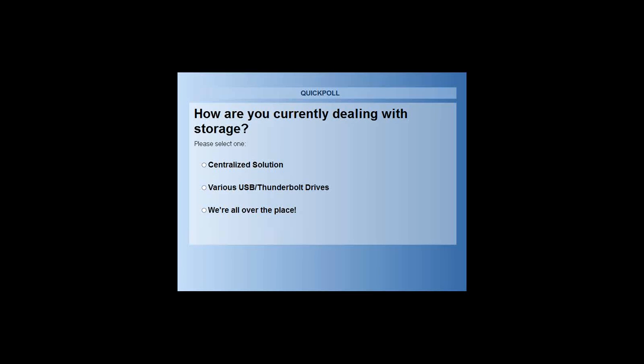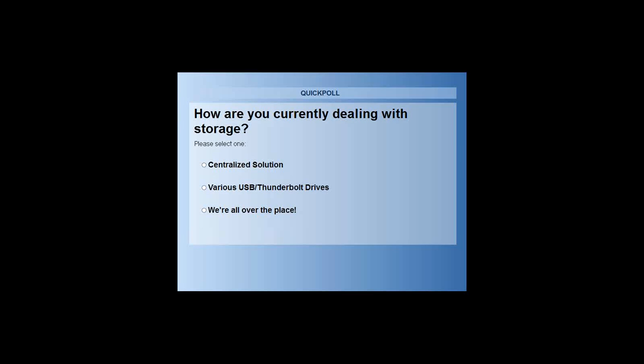Basically just want to see if you already have a centralized solution of some sort, or if you're just using USB Thunderbolt drives, or if you're just all over the place. So, just want to see kind of where everybody's at. Looks like almost everybody's voted here. See the results in a second.